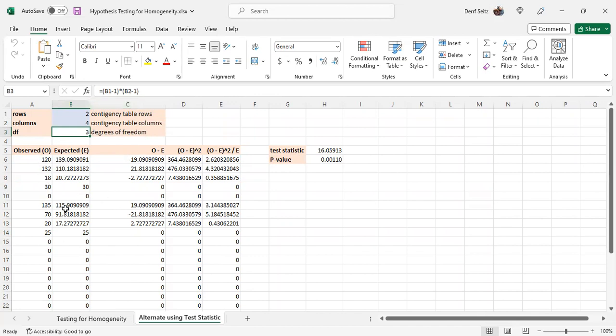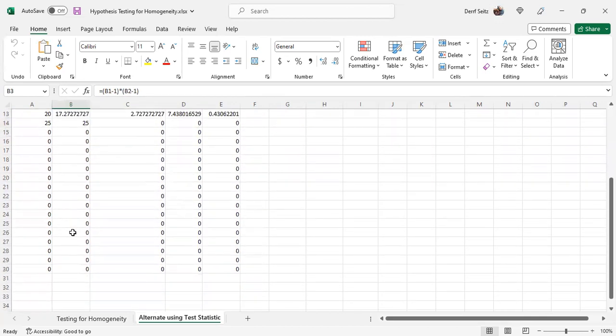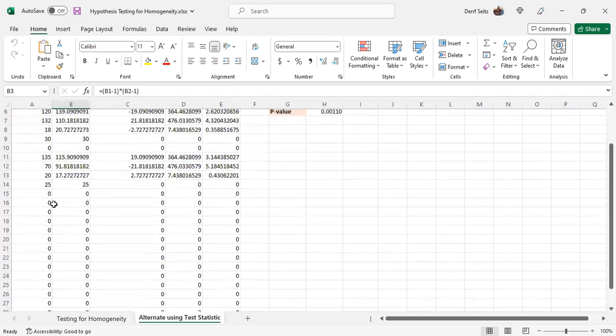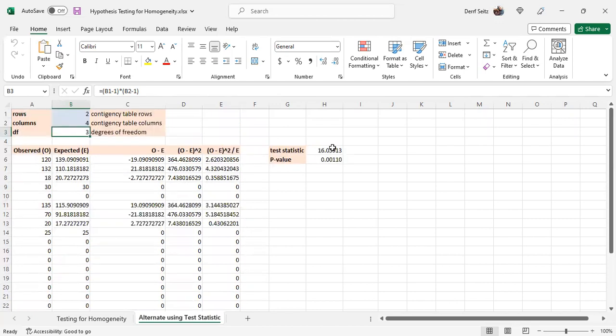The observed values and the expected values are copied for you over here, all of them, even the inactive ones, which show up as zeros. Those zeros do not affect anything in the final statistic because it's adding things together. These three columns progressively calculate towards the necessary final test statistic.